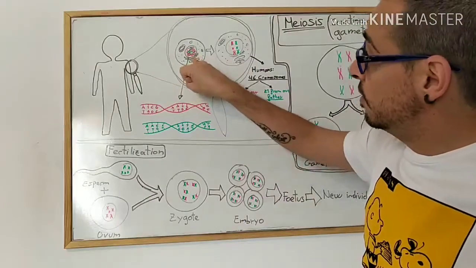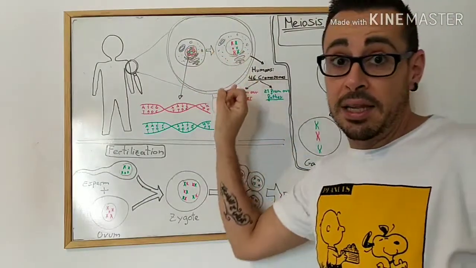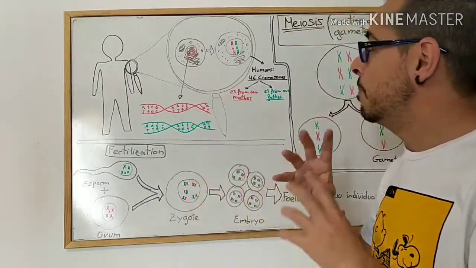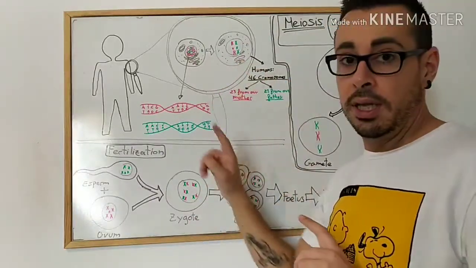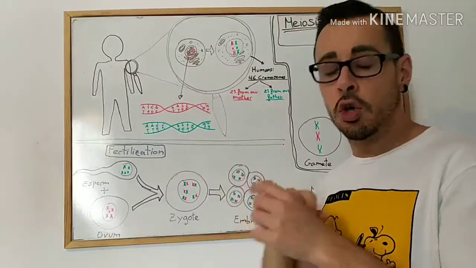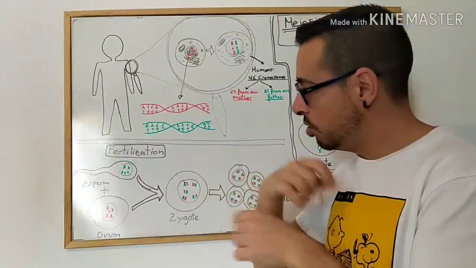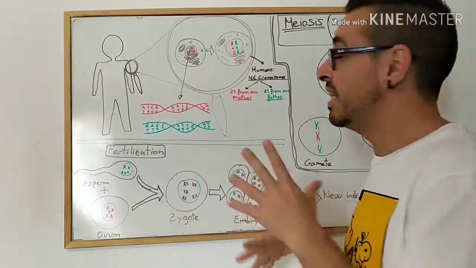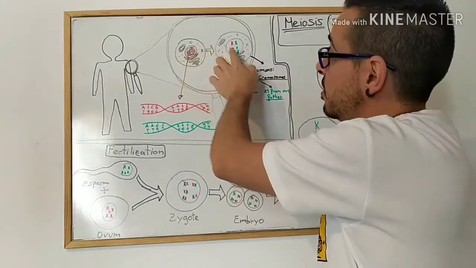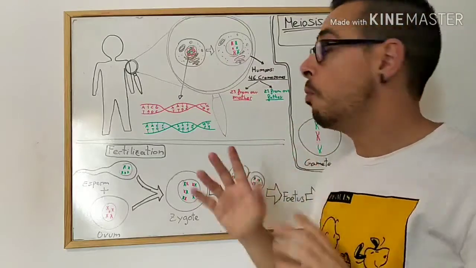So, you know that the DNA, when the cell is going to divide, can be organized into chromosomes. This double chain is going to roll a lot, okay? And we say that the DNA condenses into chromosomes.